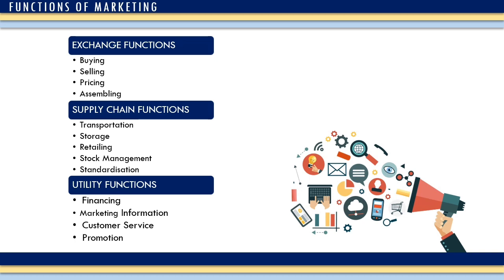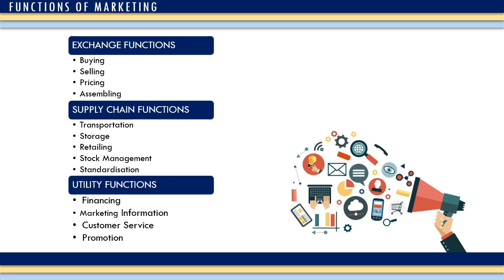It also includes functions like collecting market information, customer service, market research, distribution of goods, transportation, warehousing, retailing, standardization and grading. So these are various different activities performed by the marketing department, and these activities are termed as functions of marketing.